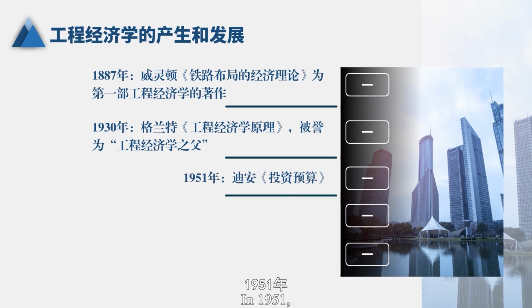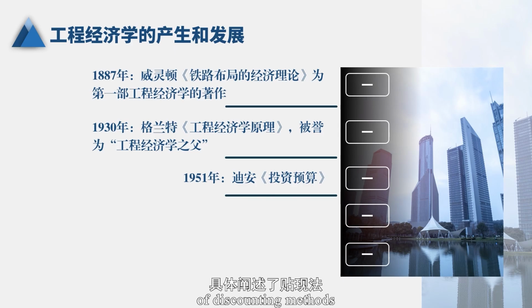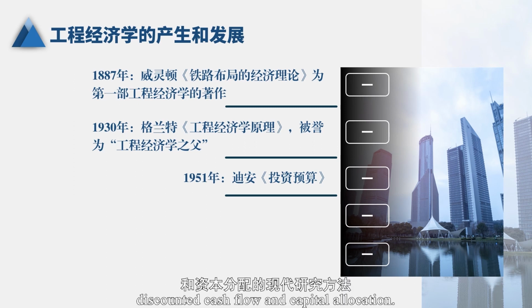In 1951, Dean elaborated on the application of discounting methods, that is, dynamic economic evaluation methods, and methods for rational fund allocation in engineering economics. In his book Investment Budgeting, he introduced modern research methods for discounted cash flow and capital allocation.